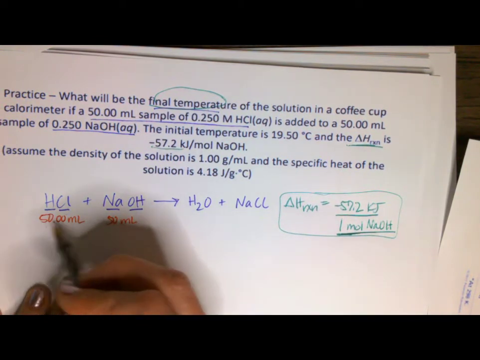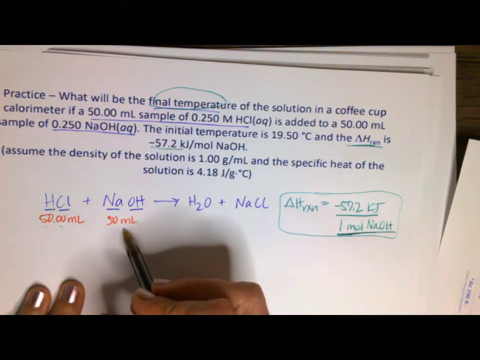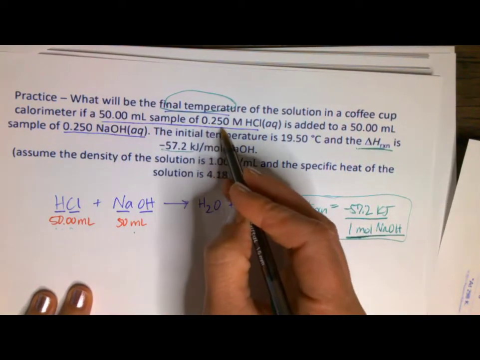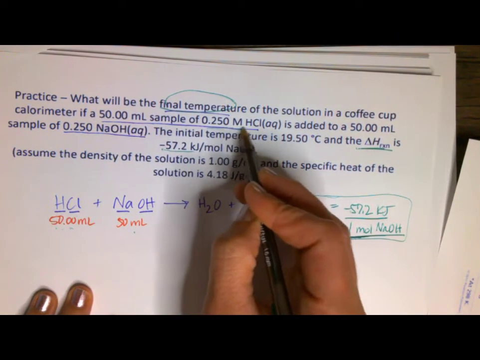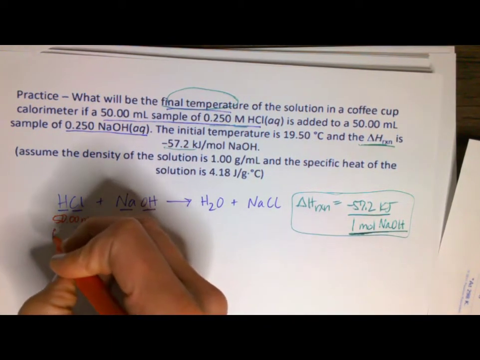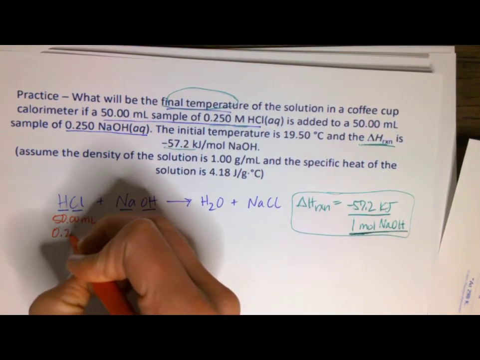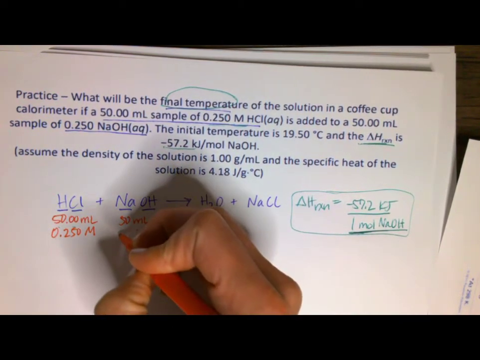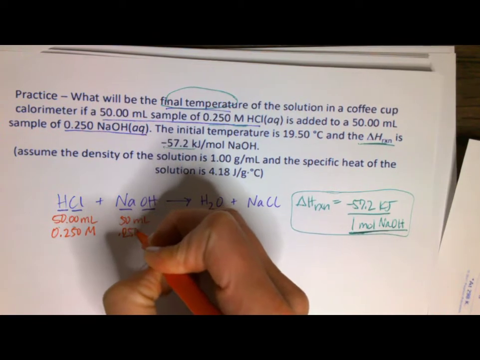So we use 50 milliliters of each of these reactants. It does tell us that each of these reactants is 0.250 molar. So I'm going to write that right here. They have a concentration of 0.250 M, and this one is 0.250 M.